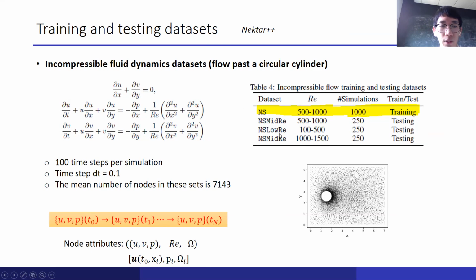Each simulation contains 100 time steps. In this fluid dynamics problem, the velocity and the pressure fields are the solutions we are interested in. So U includes u, v, and p, and P denotes the Reynolds number. So this is the data set for the fluid dynamics problem.